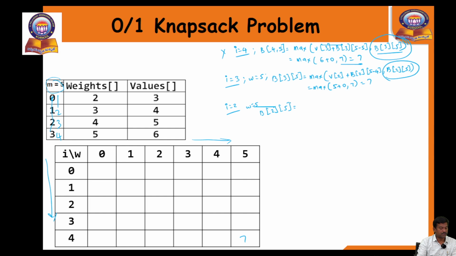So if you calculate this one, you get the maximum of b of 1 plus b of 1, 5 minus 3, that will be equal to 2 comma b of 1 and similarly 5, that is max of 4 plus 3, 4 plus 3 comma 3, where you get the value to be equal to 7.